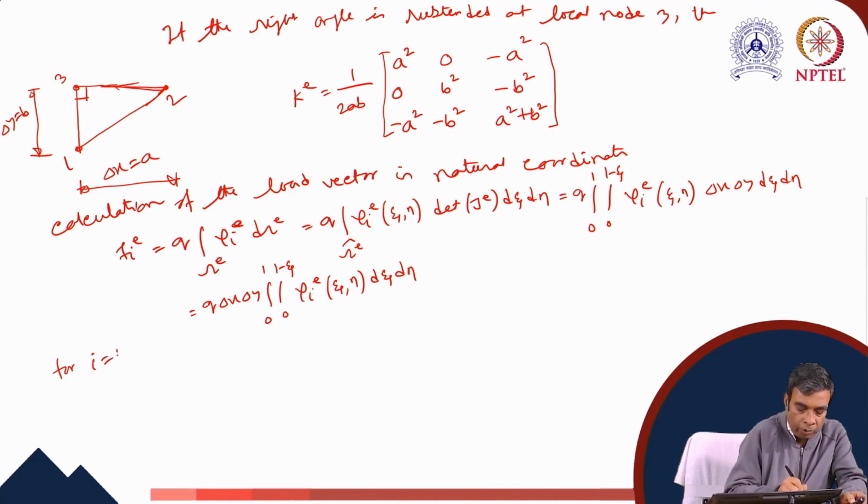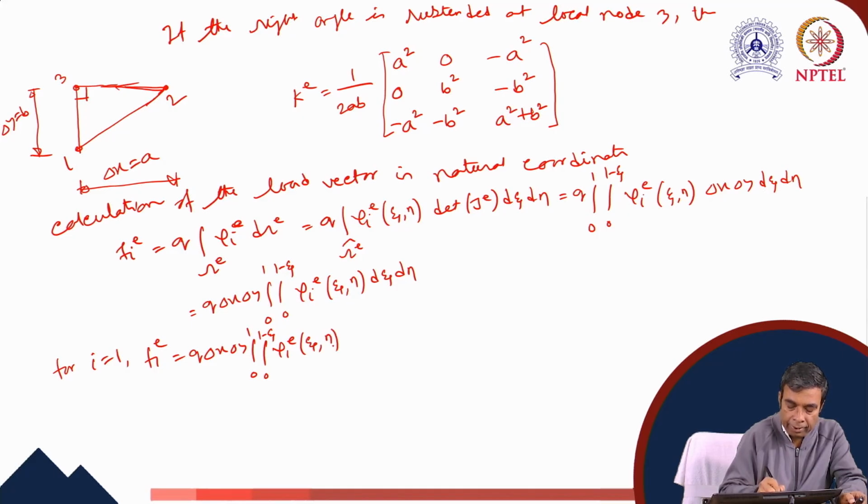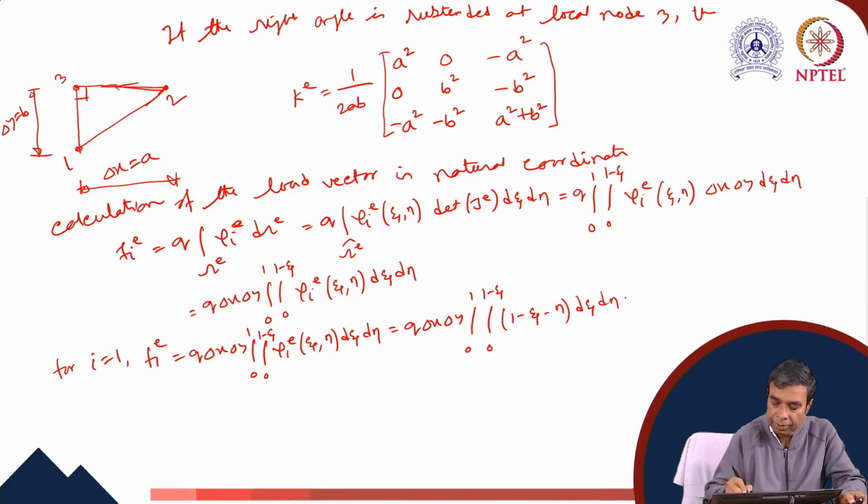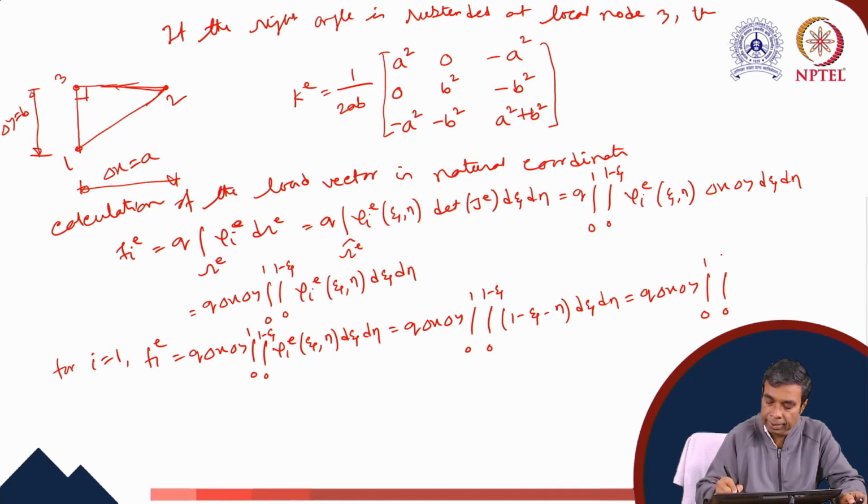For i equals 1, we have F1e equals Q into del x del y integration 0 to 1, 0 to 1 minus xi, psi 1e (xi, eta) d xi d eta, equals Q del x del y integration 0 to 1, integration 0 to 1 minus xi, of (1 minus xi minus eta) d eta d xi.